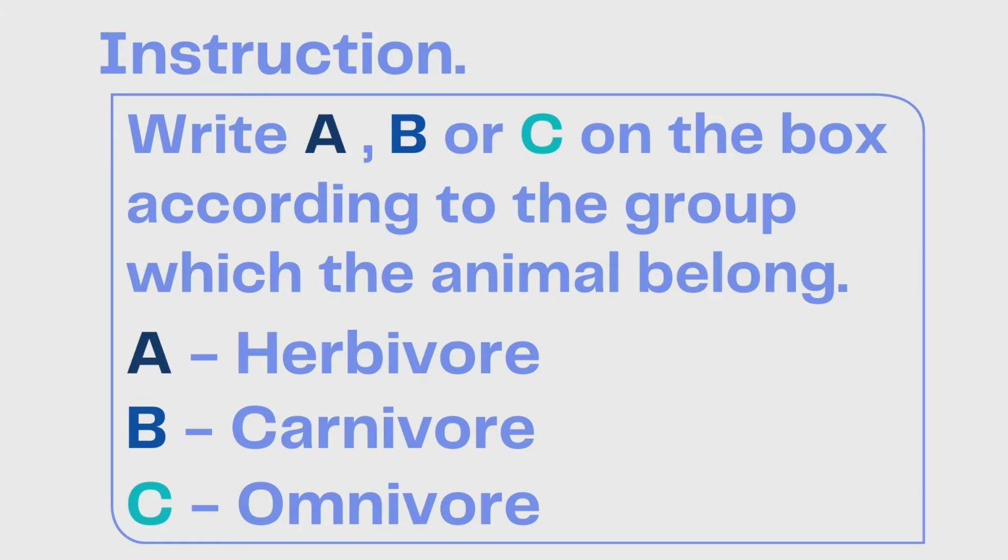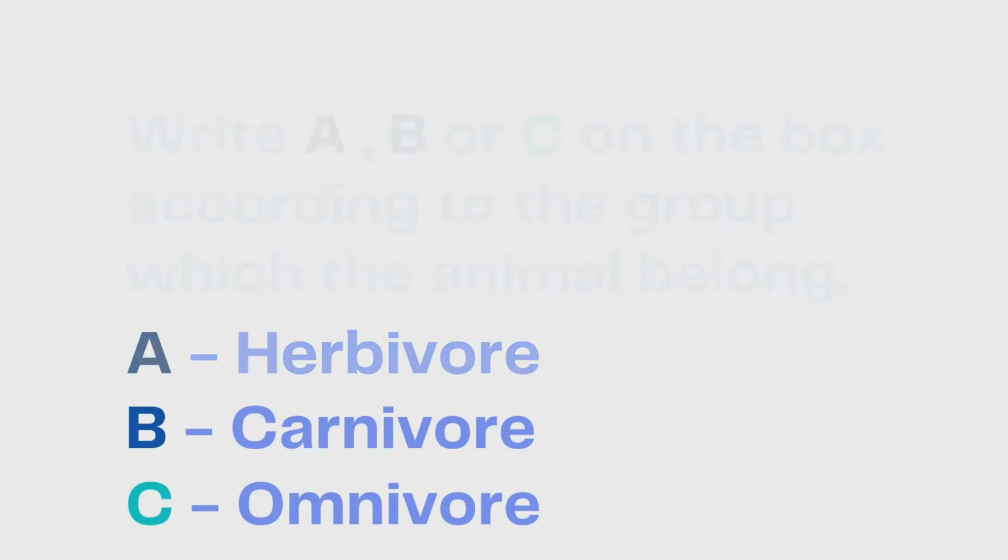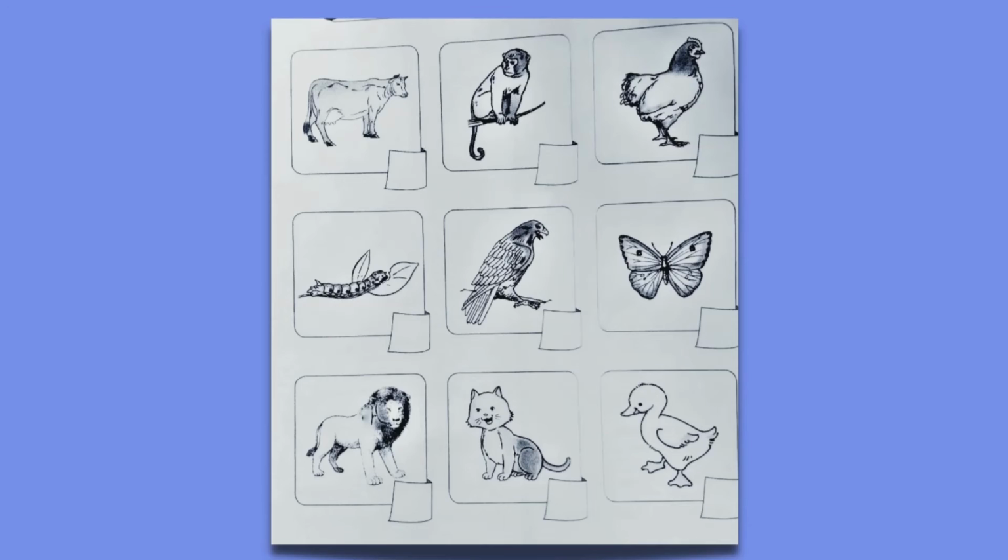A is for herbivore. B is for carnivore. And C is for omnivore. Okay, so here we go. So this one, you can write A, B, or C on this box.